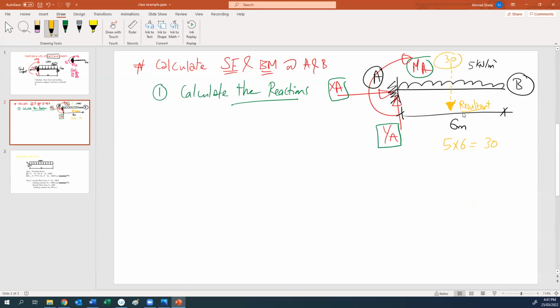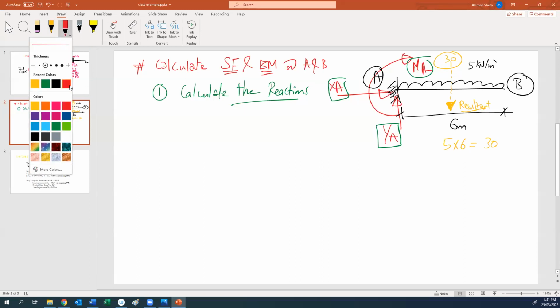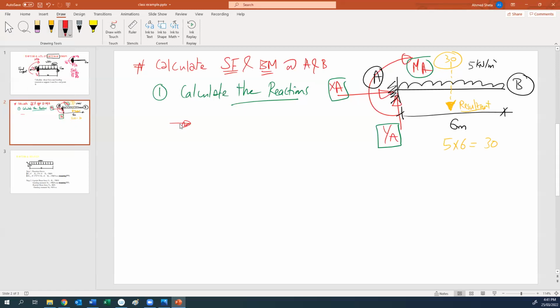So the resultant will be 30 kilonewton. Okay. Do we have any other forces? No. So now, to find the reactions, we can apply the equilibrium equations. Summation X equal to 0 gives us XA equal to 0, because we don't have any horizontal forces.